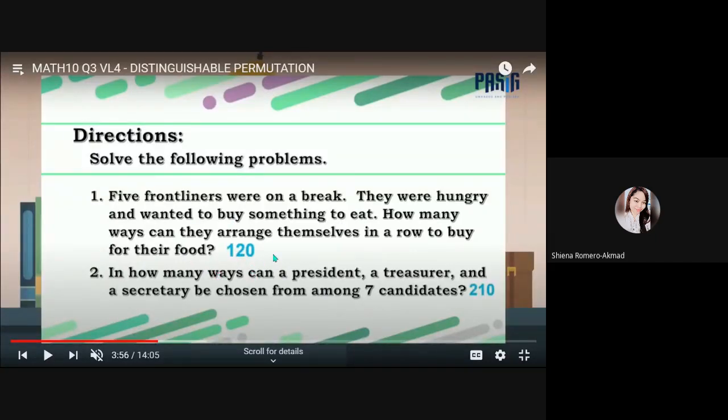Kasi yung answer, madali na lang yan, di ba? Kasi sa module, may answer naman. So if you can explain how did it happen, why did the author say that the answer is 120, therefore you really understand the problem.